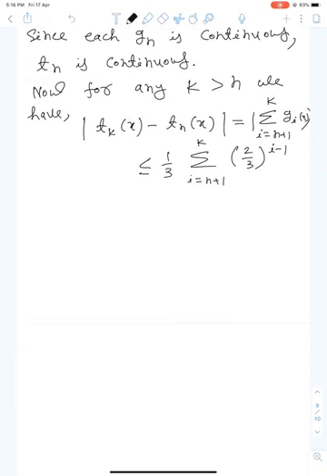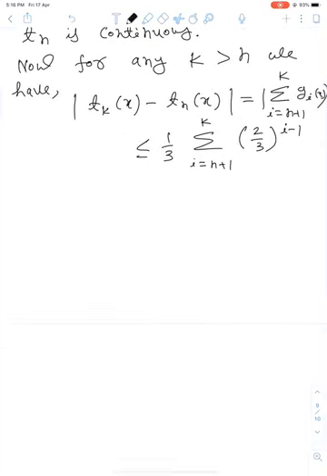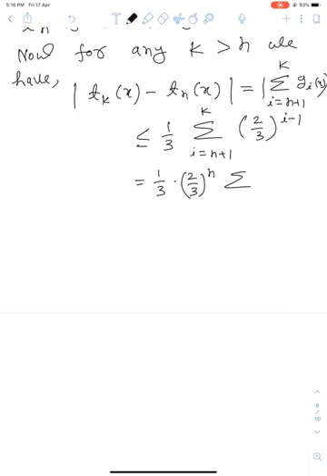Now if we take that outside, the first term is (2/3)^n, then we will get 1/3 into (2/3)^n, and then that summation will be 1 + 2/3 + (2/3)^2 in this way, right?